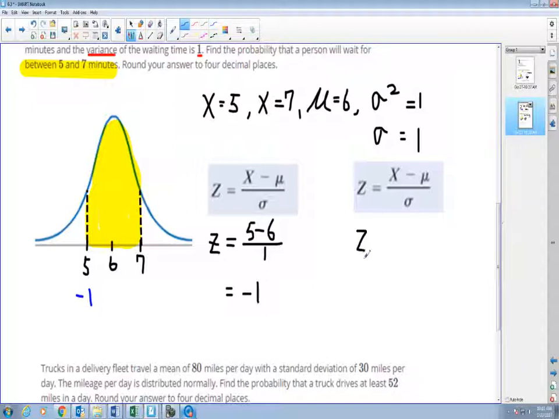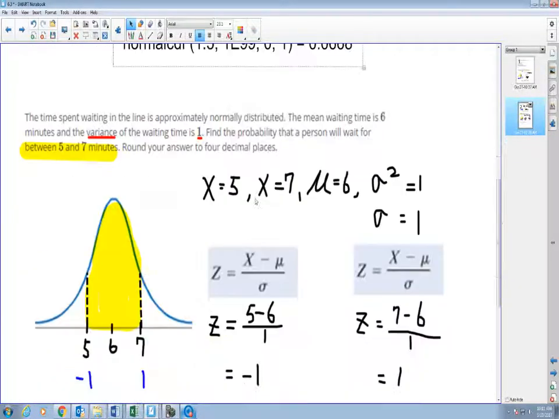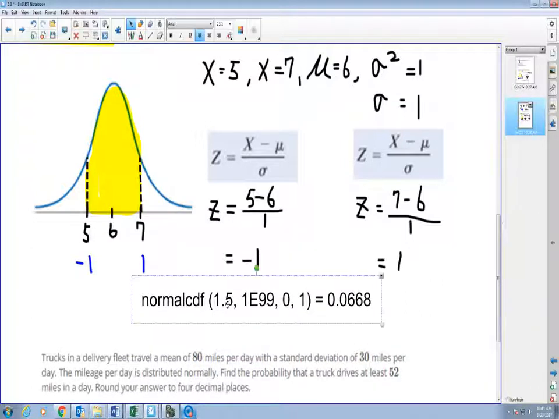The other side, 7 minus 6 divided by 1, is positive 1. So 7 minutes is 1 standard deviation above. I need to look for what's in between negative 1 and 1. So that would be normal CDF from negative 1 to 1, comma 0, comma 1.